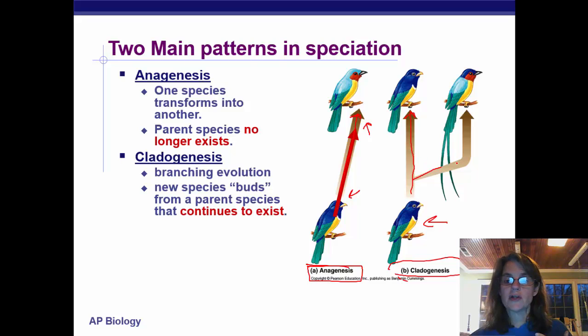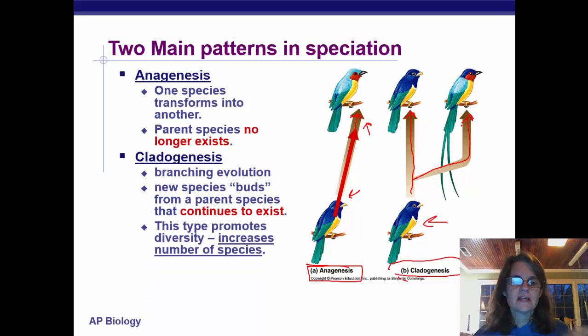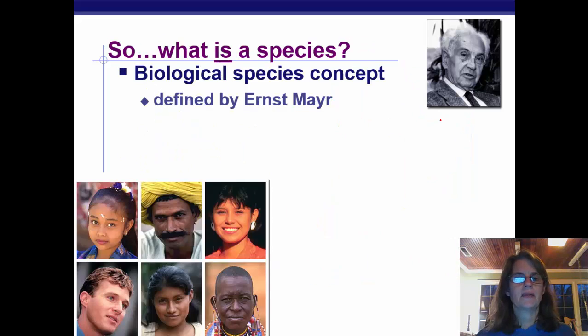We just branch off a new species in addition to him. This is the only type of evolution that actually promotes diversity. And when we talk about diversity, we're talking about increasing the number of species on the planet. Anagenesis is just replacing one with another, but cladogenesis results in additional species being added, okay?